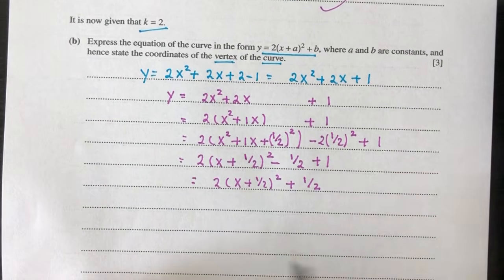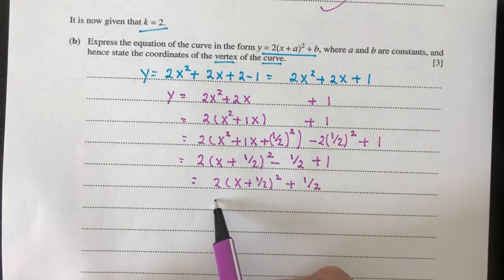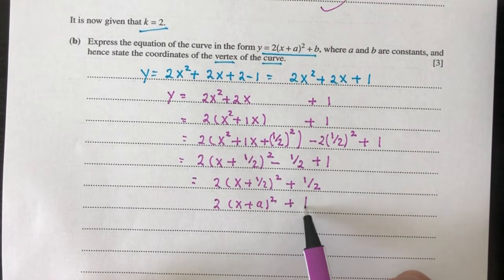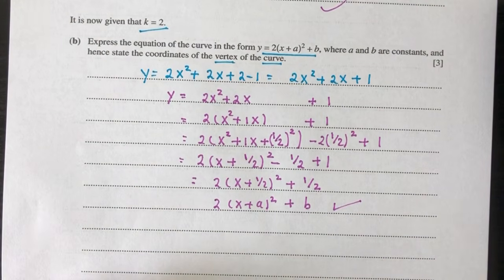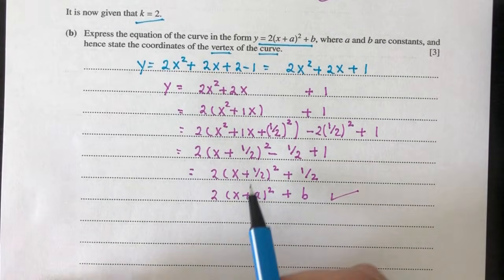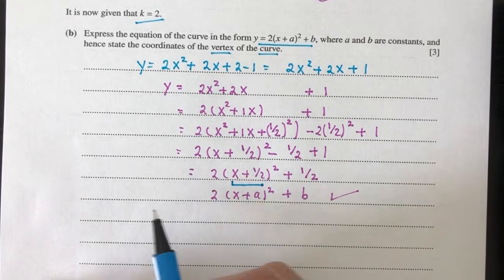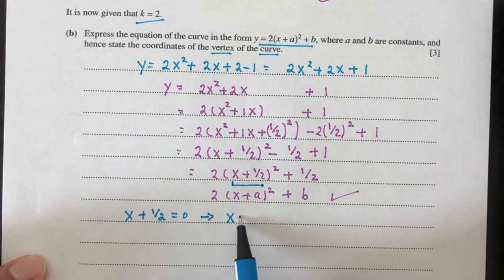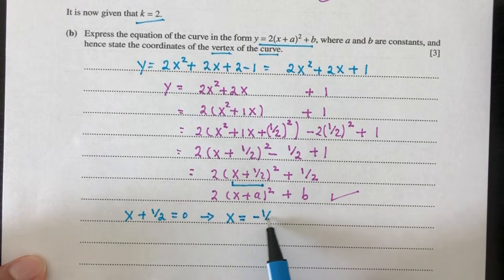Now since we have this in the form 2(x plus a) squared plus b, that is done in this form. The next question is to hence state the coordinates of the vertex of the curve. So you have to look on the inside. You write x plus half and equate this to 0, which means the value of x will be minus half.